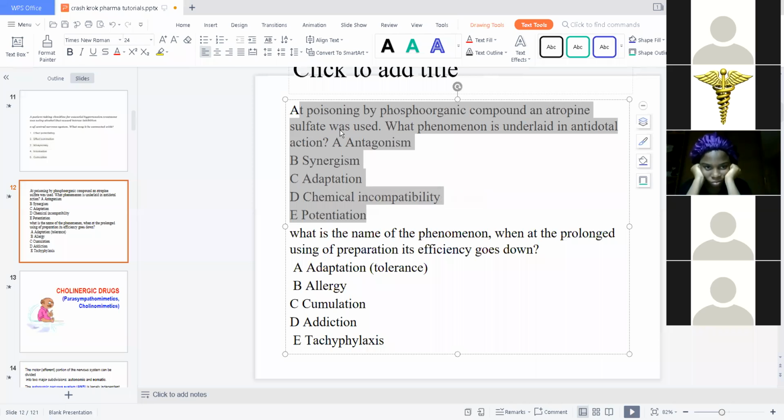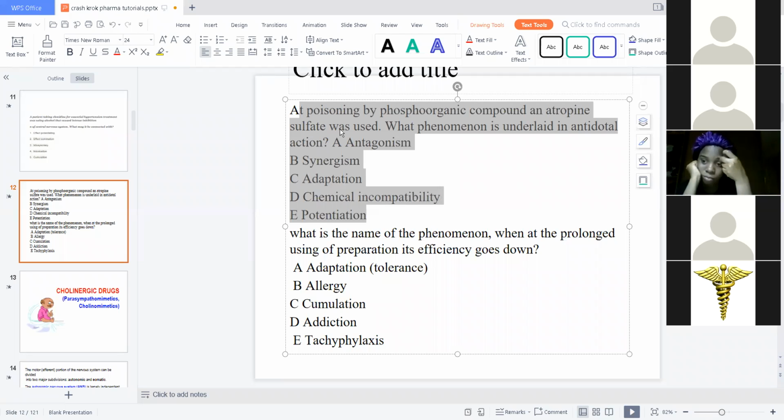I'm sorry, what's your answer? Is it potentiation? No, try again. Synergy?